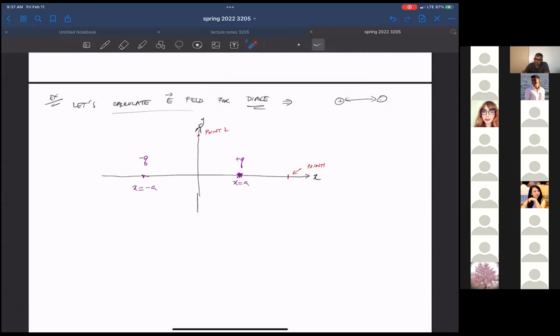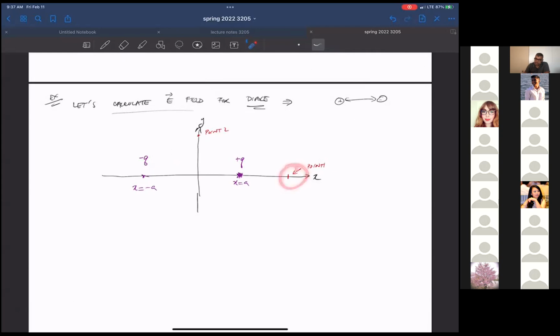Why? Because I'll have a vector pointing this way and a vector pointing that way, but because anywhere on this line they're equidistant from this charge and this charge, the components in this direction get canceled, these two cancel each other out, and I would only end up with a horizontal component.